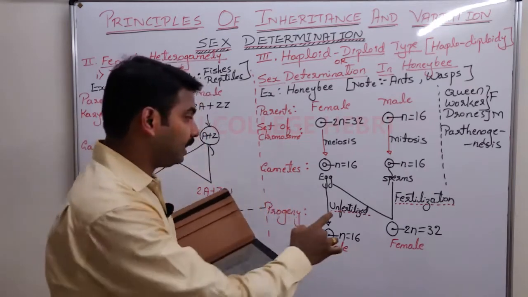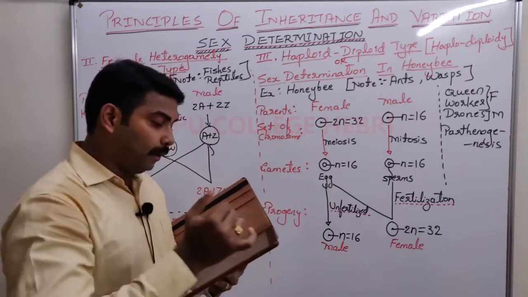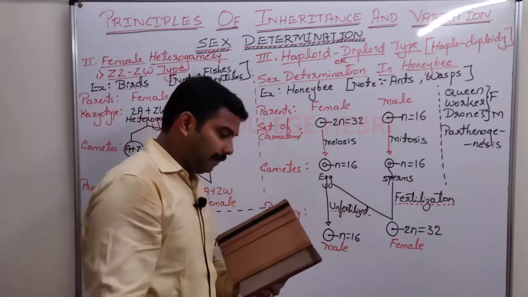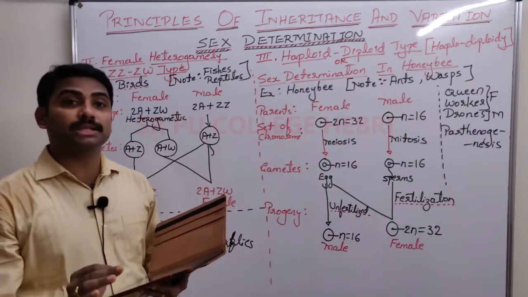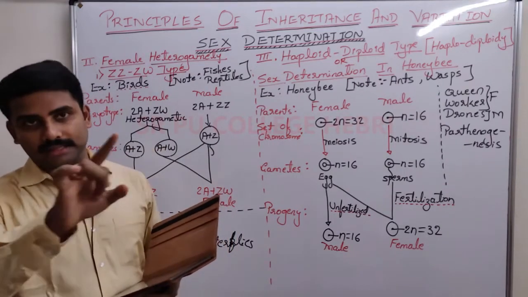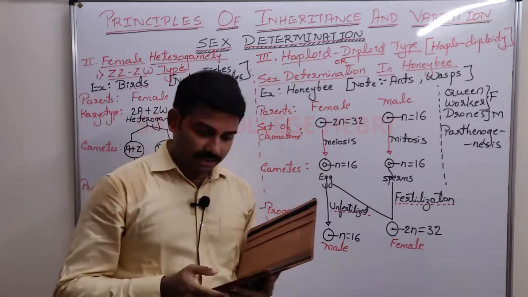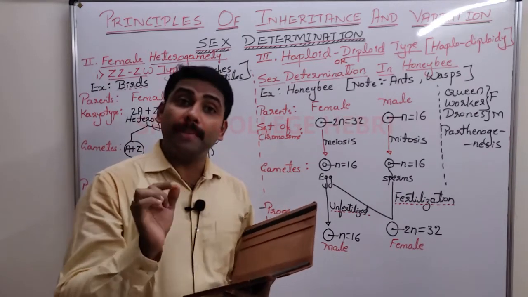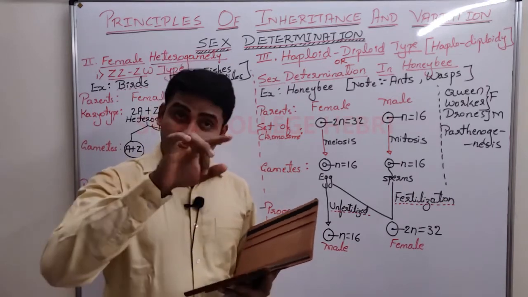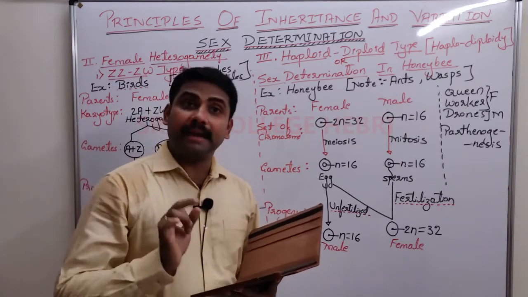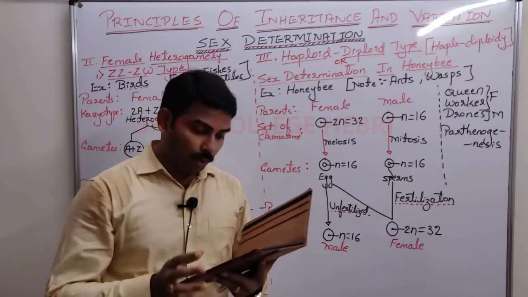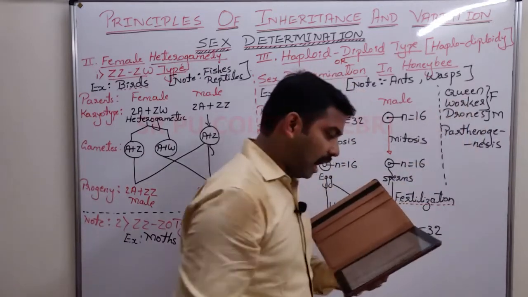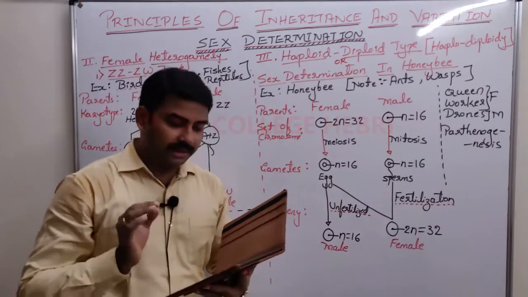An unfertilized egg develops into male by means of parthenogenesis. Underline parthenogenesis. Full stop. Continue the line. Hence, males are haploid, in bracket n, and have 16 chromosomes. Full stop. Continue the line. Drones are males.